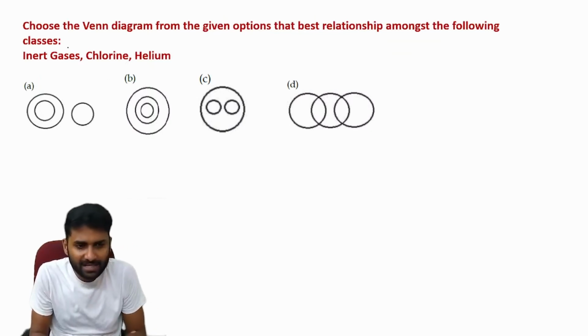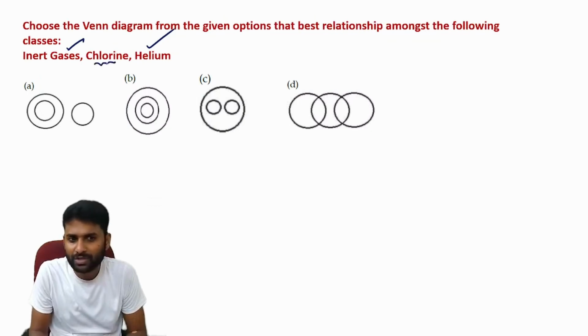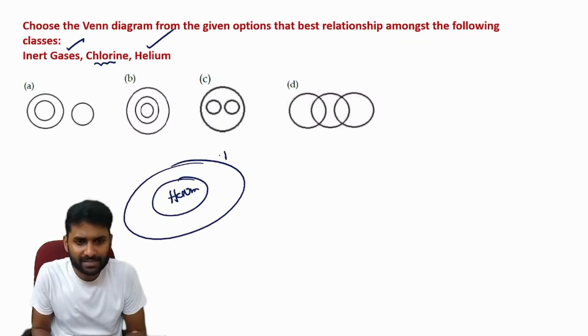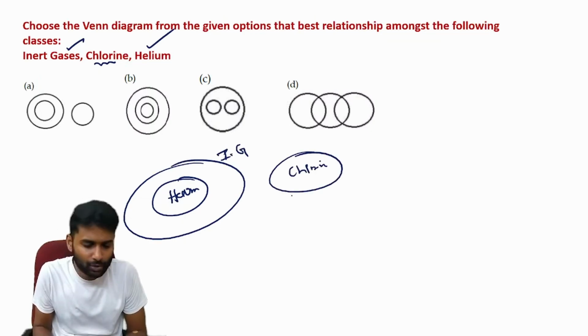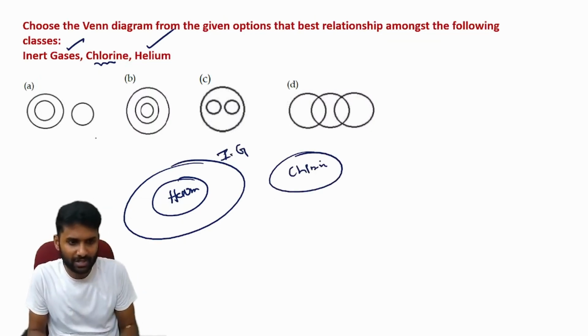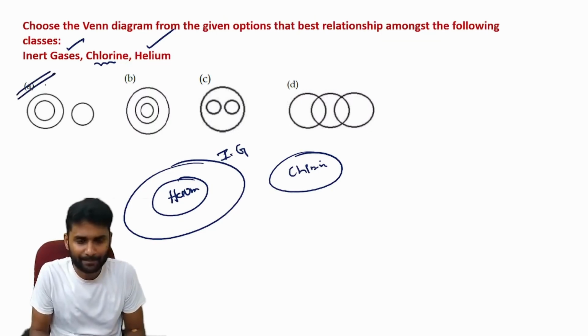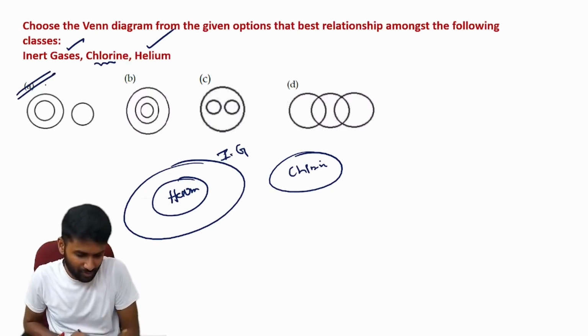We can see the relation between inert gases and helium. There is no relation between chlorine and inert gases, or chlorine and helium. Now, what is the best suitable option? Entire helium is an inert gas, and for chlorine and the remaining two objects there is no relation. So the suitable answer is A.